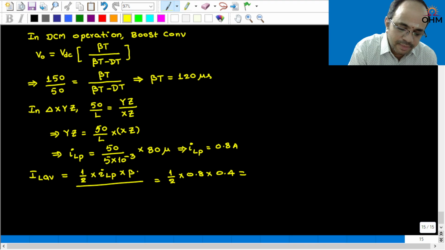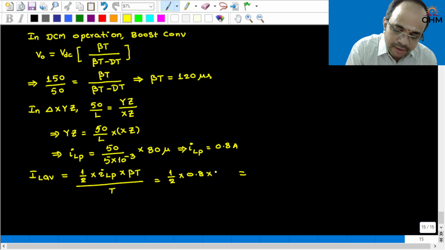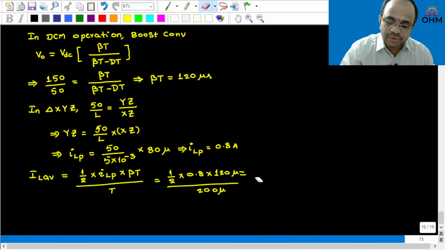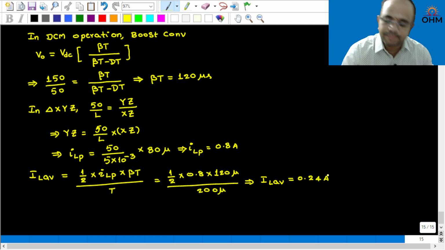And the denominator T. So what is beta t? Beta t will be 120 microsecond, denominator 200 microsecond. So with this, the average inductor current is equal to 0.24 ampere.